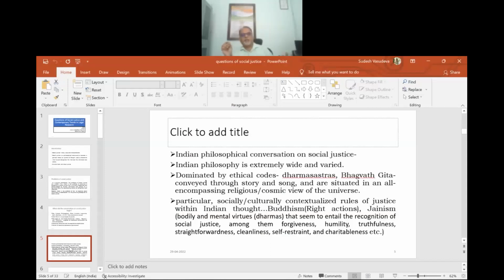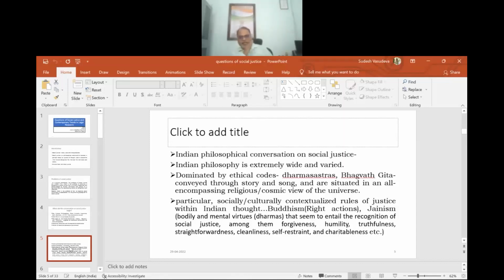Now, if you look at the Indian ethical codes, like the Dharma Shastras, the Mahabharata, Bhagavad Gita, which is part of the Mahabharata, and the manner in which various sages and philosophers propagated certain values which were sometimes theological, etymological, on religion, on spiritualism.